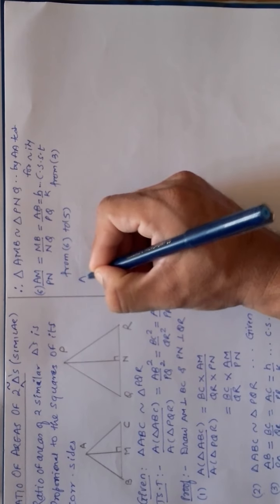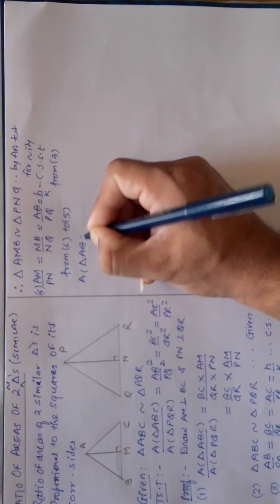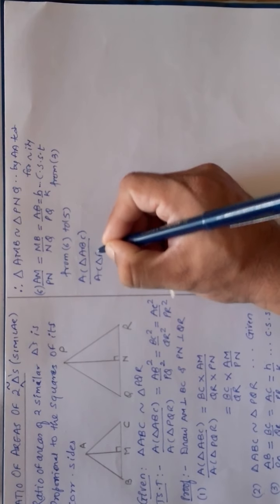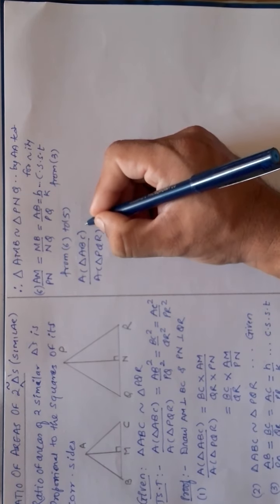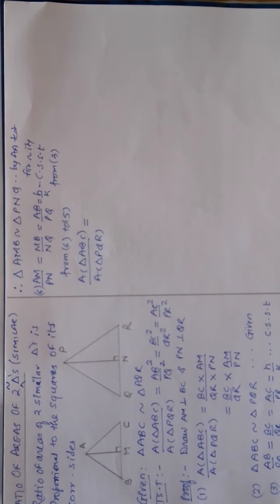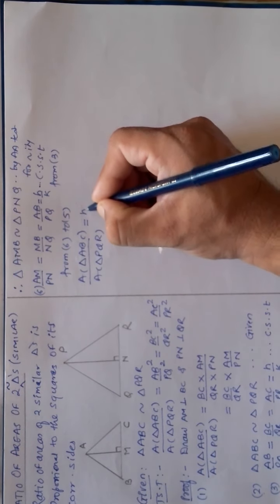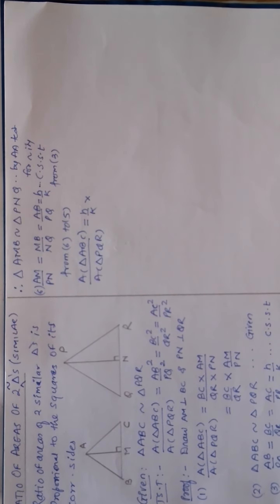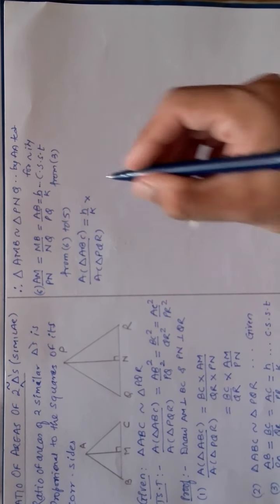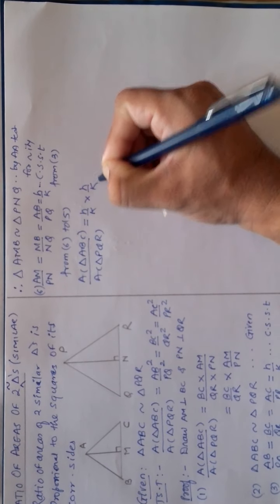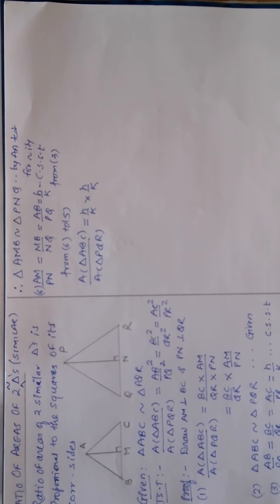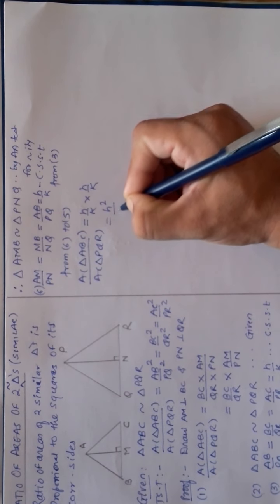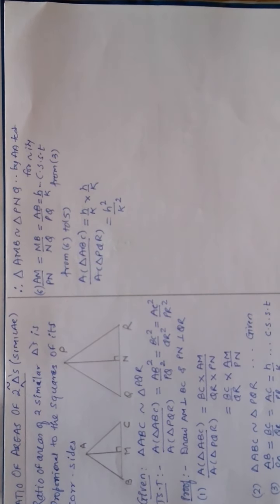I get area of triangle ABC is to area of triangle PQR is equal to H is to K, already there, into AM is to PN, again H is to K, right? Means I get it as H square is to K square.